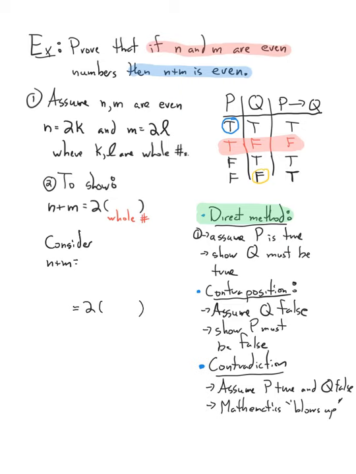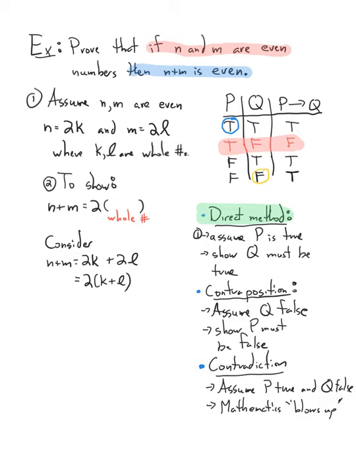We know n is even, so n is 2 times k. And m is even, so m is 2 times l. So I should be able to write, and actually this is just a one-liner, so I can move this up here. I can factor out that 2, and I get 2 times (k plus l).